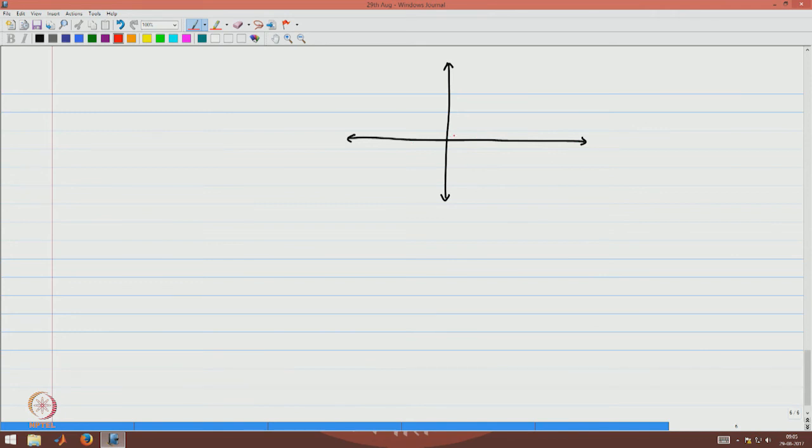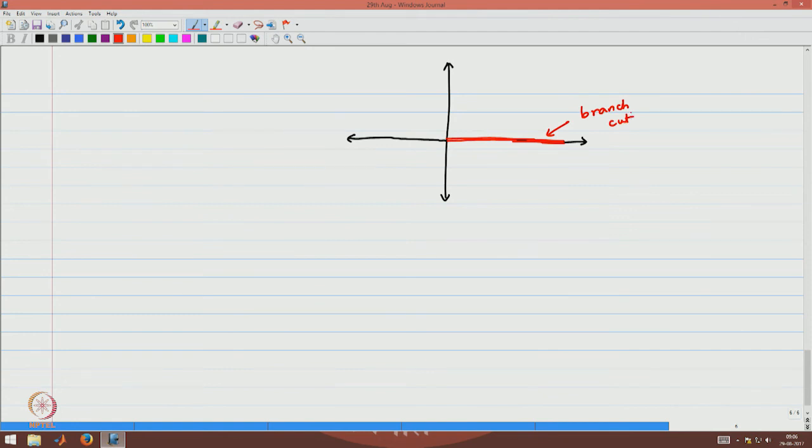And there is a branch cut that divides these two functions. Okay. So I will show it like this, this is how I will show the branch cut. The branch cut divides this function.